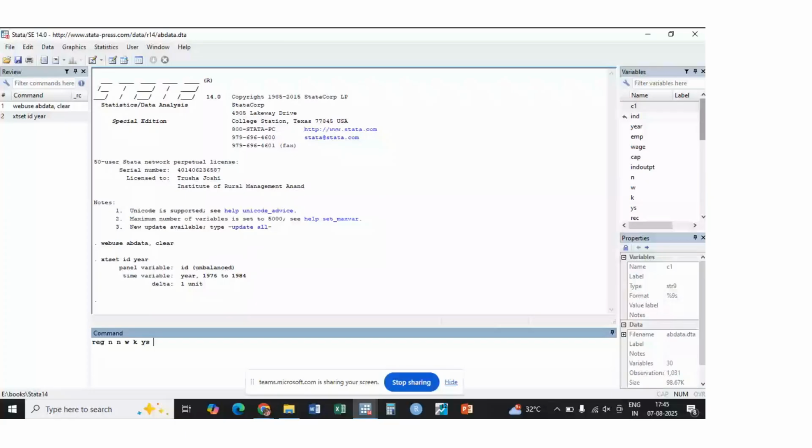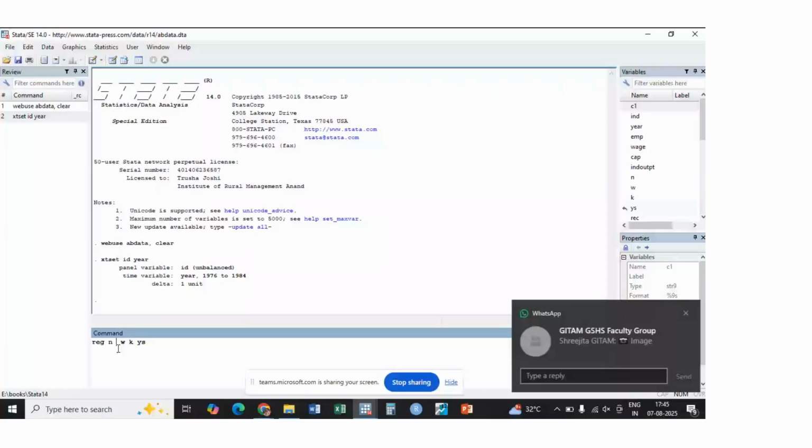Remove one N only. So your dependent variable followed by your independent variables.